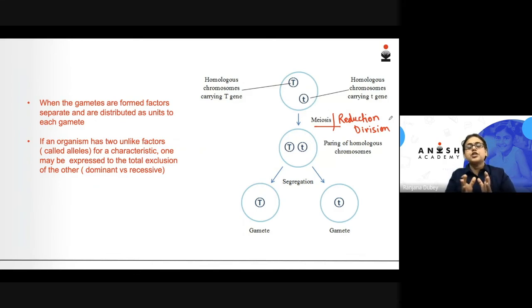So during the reduction division or during the formation of gametes, what happens is that the individual, the parent, which is diploid, that is, has got genes in pairs coming one from each parent, it will show segregation or separation.